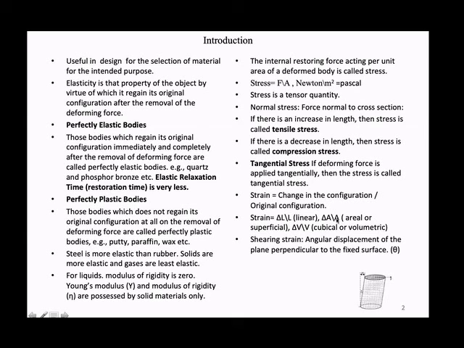Area, meter square by meter square, unitless. Meter cube by meter cube, unitless. Like that, shearing strain is also theta. Even though it is in radians, it is not in length or some other unit, so it is treated as a unitless quantity. So shearing strain is the angle theta by which it has deformed from the fixed surface.